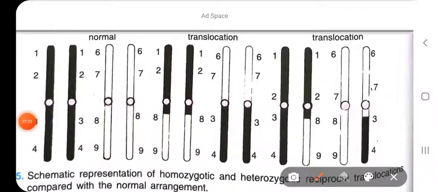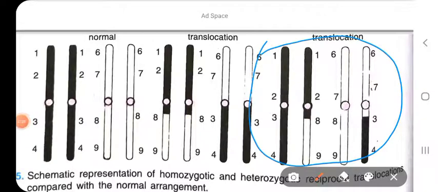What happens in case of heterozygous reciprocal translocation? Now this is an interesting thing that occurs when heterozygous reciprocal translocation occurs, because in heterozygous reciprocal translocation only one chromosome from the homologous pair of chromosomes is exchanging its segments.